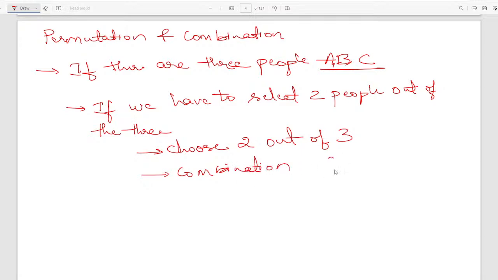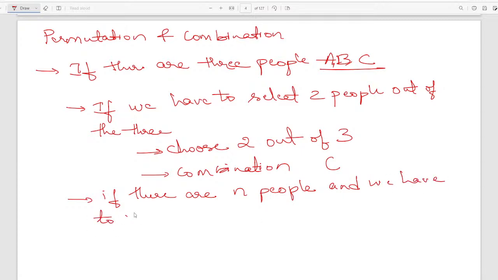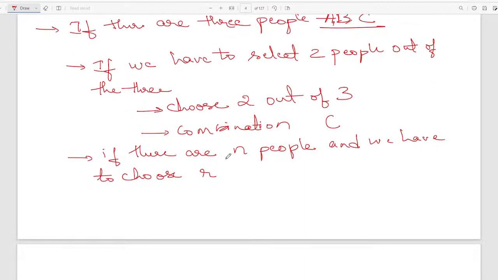It is represented by C. If there are n people and we have to choose R out of n, it can be represented as nCR, and the formula is n factorial divided by R factorial into n minus R factorial.